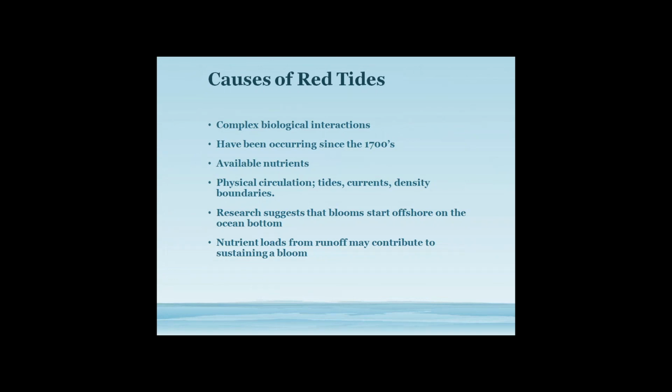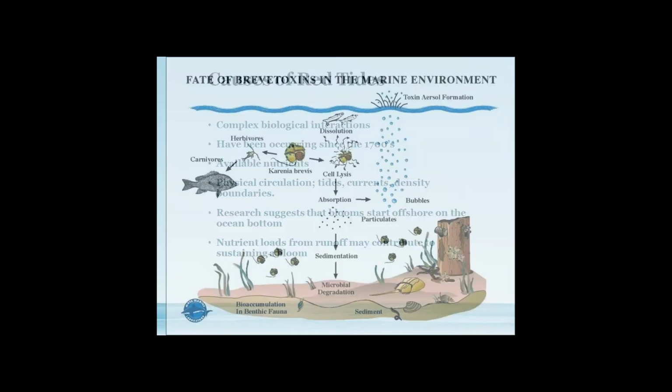They've been occurring since the 1700s, and we have research that suggests that blooms start offshore on the ocean bottom, and that nutrient loads may contribute to sustaining a bloom. However, we do not have research saying that nutrients can initiate a bloom.